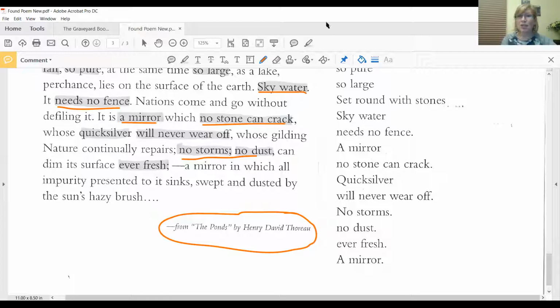Now, you are going to experiment writing your own found poem. Find a text that you like or enjoy or you think is interesting. It can be any text that's not originally written as a poem. And using 15 or more words, 10 or more lines of a poem, you will write your own.